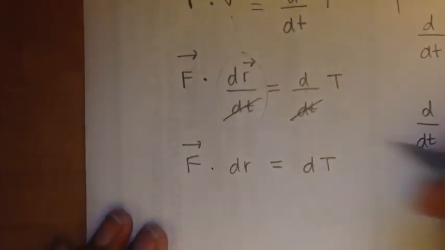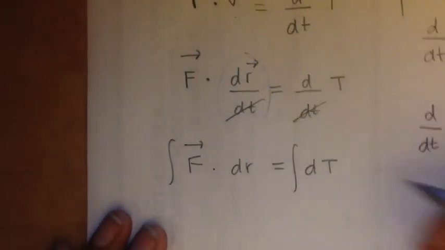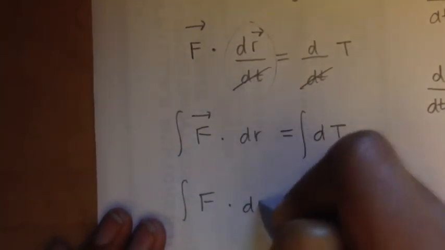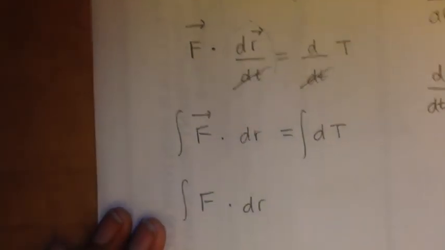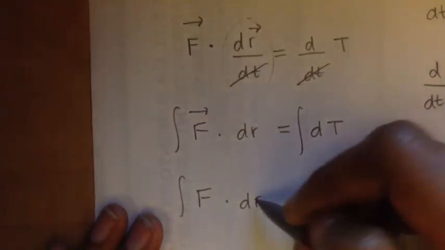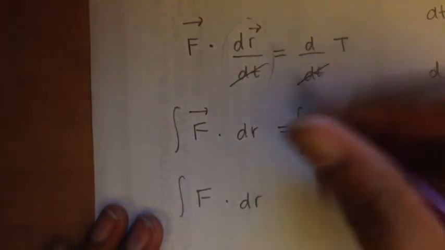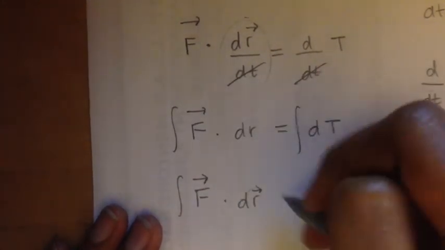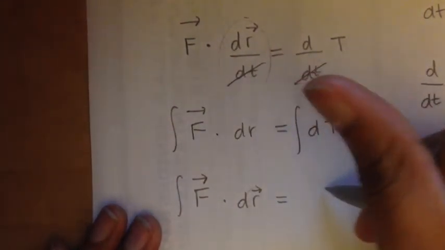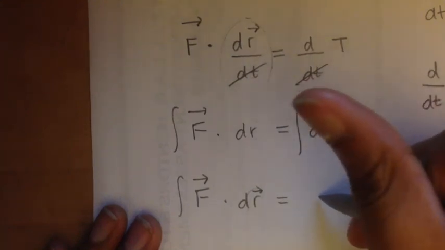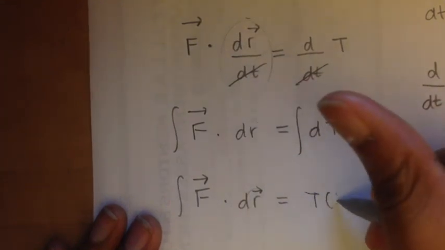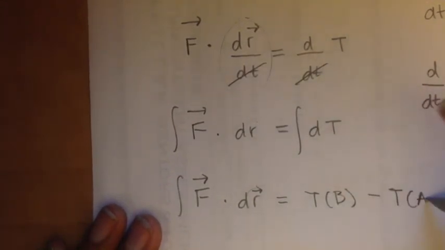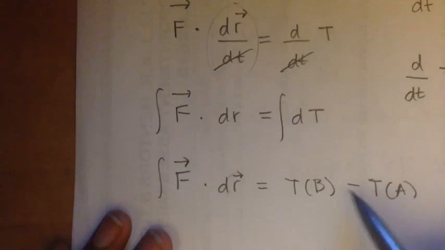Now what we can do is integrate both sides. So that means we have the integral of force with respect to the position vector is equal to the difference in kinetic energy from one point to another.